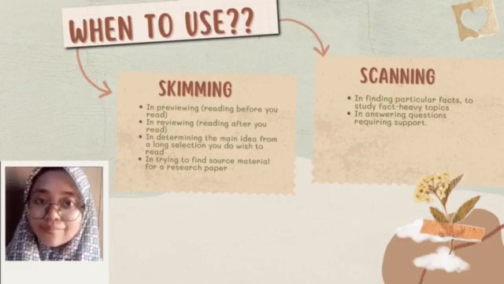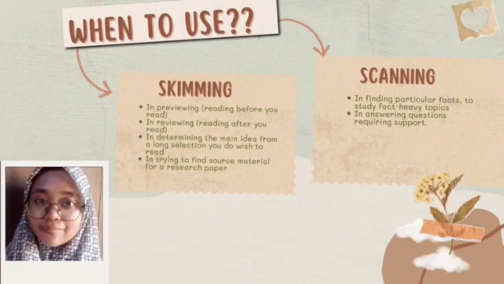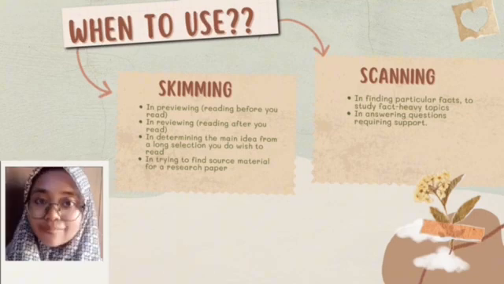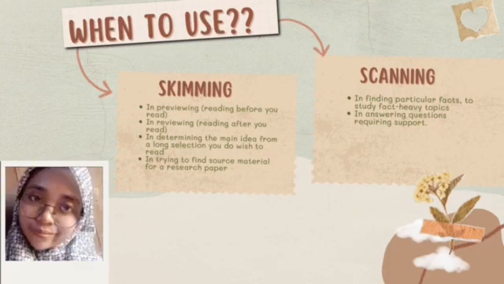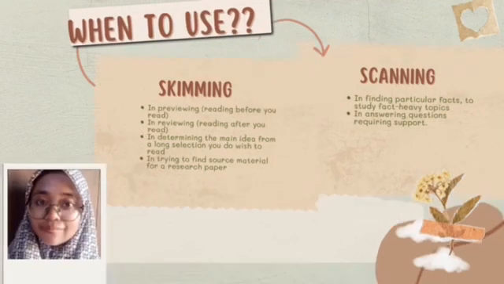Then, in determining the main idea from a long selection you do wish to read. And lastly, in trying to find source material for a research paper. For scanning, we can use it in finding particular facts to study fact-heavy topics. And then we can use it in answering questions requiring support.